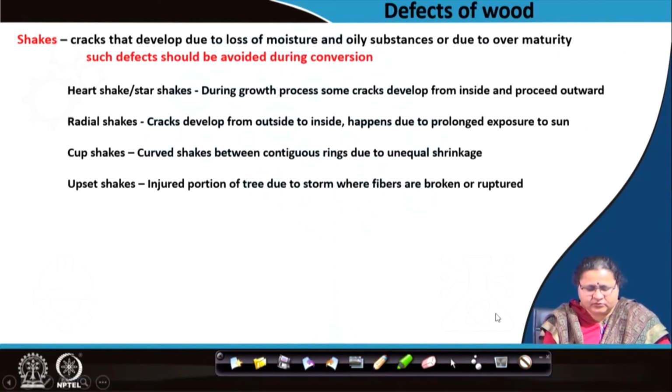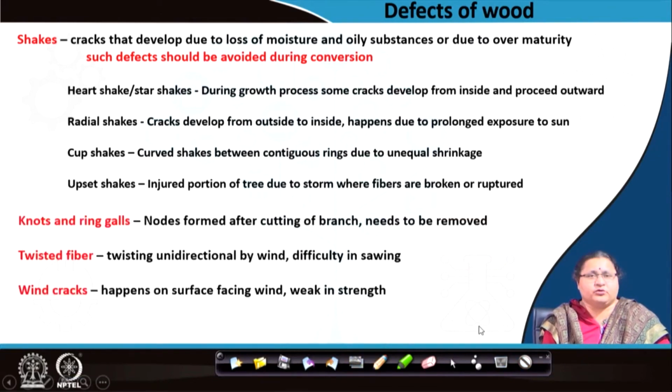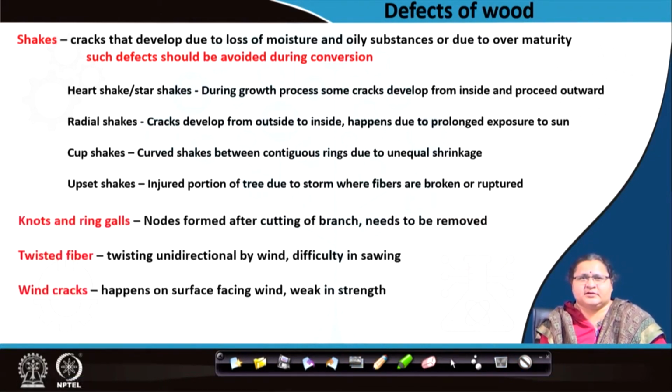After these, we come to some more defects. You see knots and wrinkles, twisted fiber, wind cracks. So, knots are the areas where a branch has been chopped off.